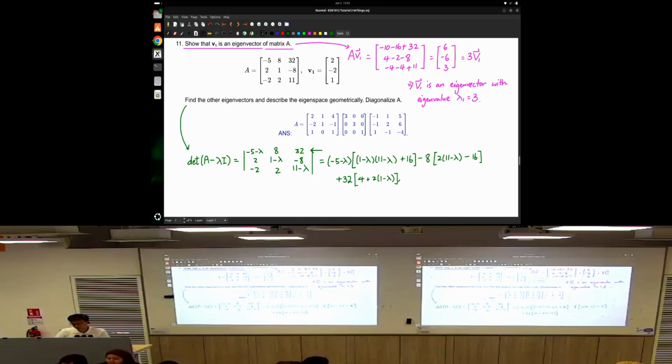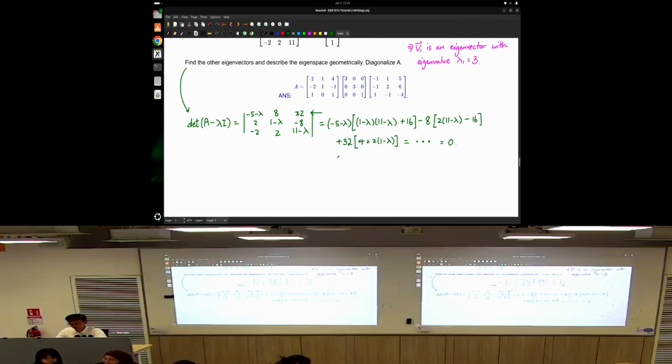If you work out the arithmetic, you'll get a cubic equation in lambda. This one I'll fill in later before I upload. Then it equals 0. What's important here is that you get lambda 1 equals 3.